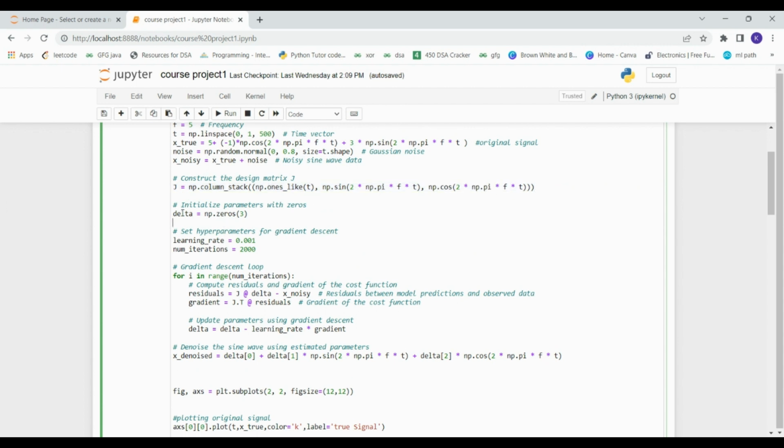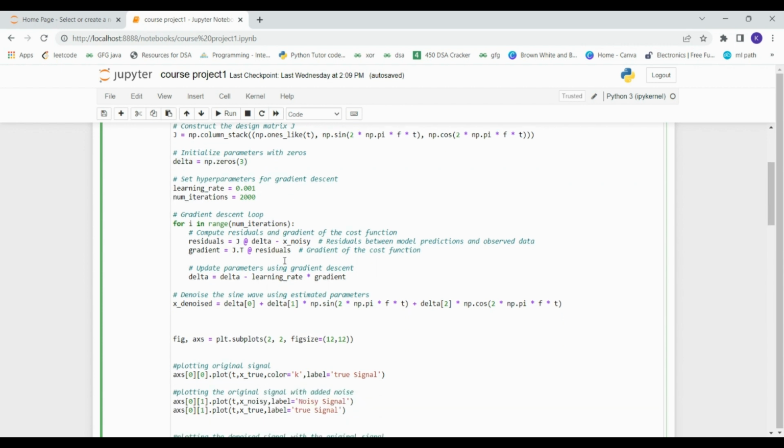And initially, I've given delta as three zeros and learning rate as 0.001 and number of iterations as 2000. And then I defined a loop. This loop performs the gradient descent algorithm. At each iteration, it computes the residuals, difference between the model predictions and observed data, and the gradient, which is the design matrix times residuals.